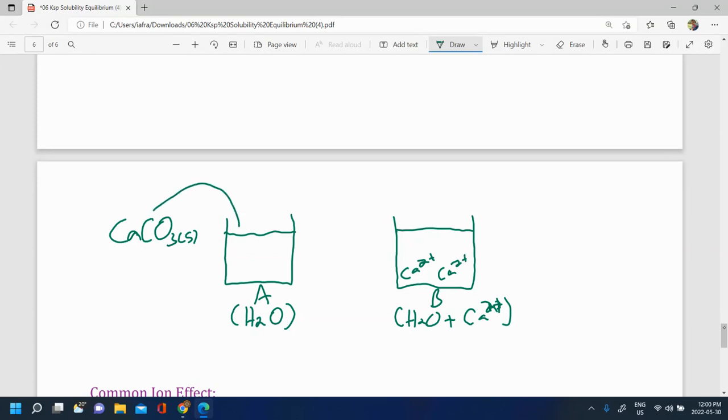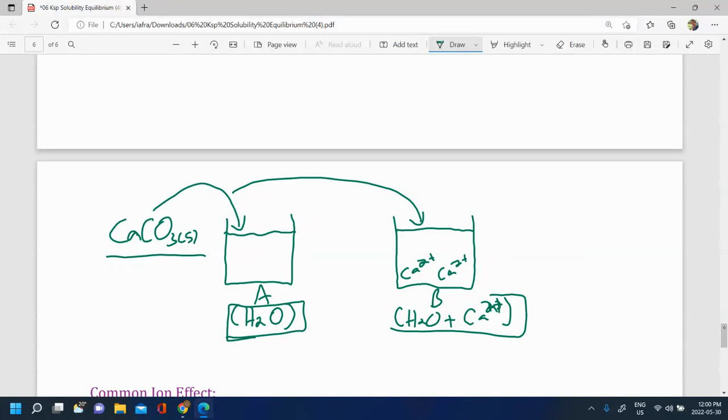In which of these beakers would you expect to be able to dissolve more calcium carbonate? In the beaker that contains only pure water, or in the beaker that contains pure water and already some calcium ions? So make your prediction.